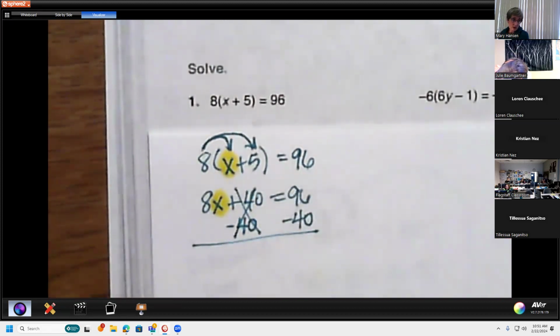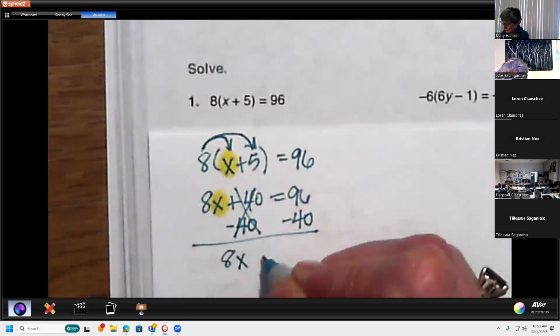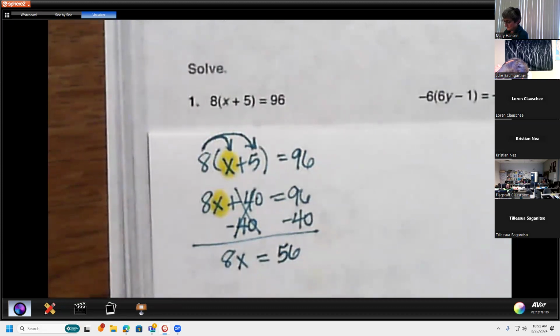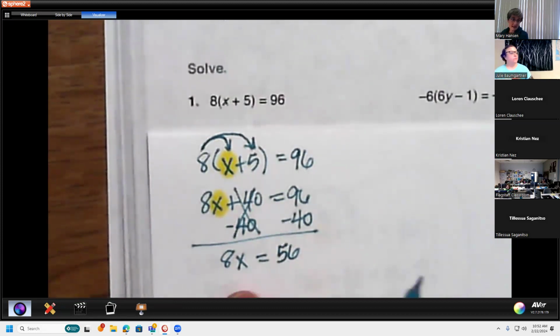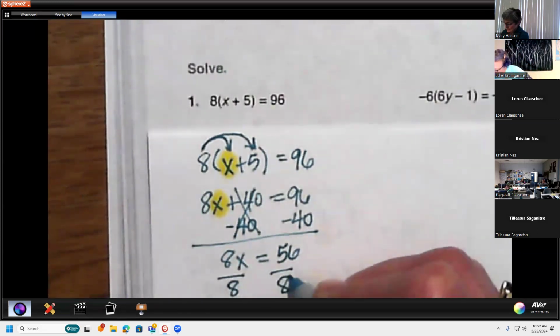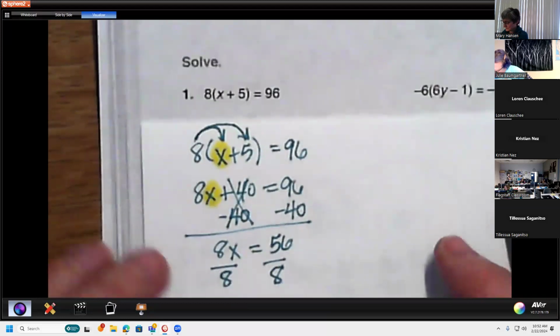If I subtract 40, that will leave me with 8x equals 56. And now I have a one-step equation. That's exactly where we started all this algebra stuff.